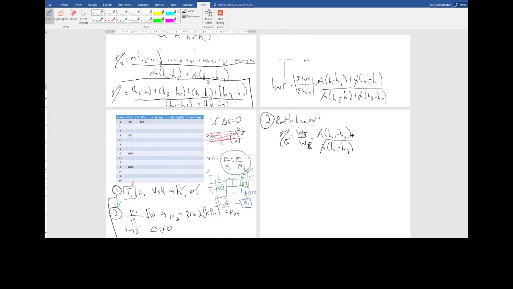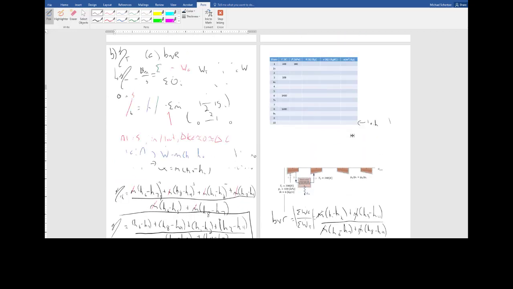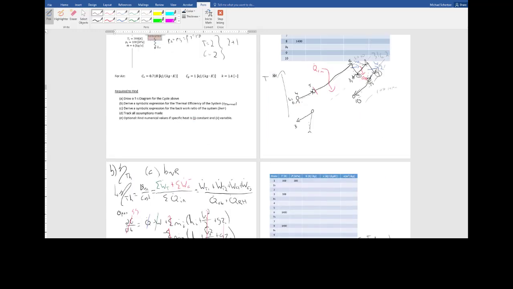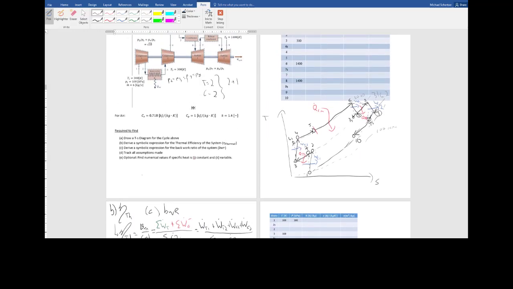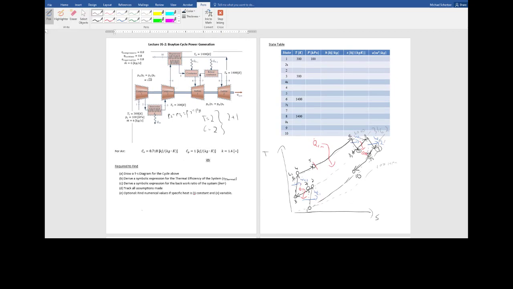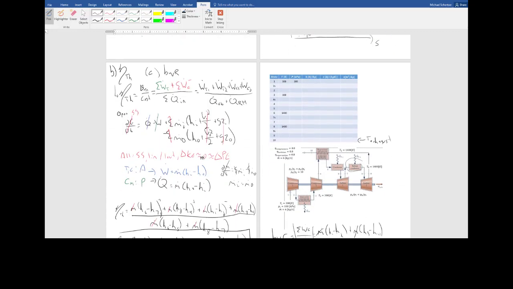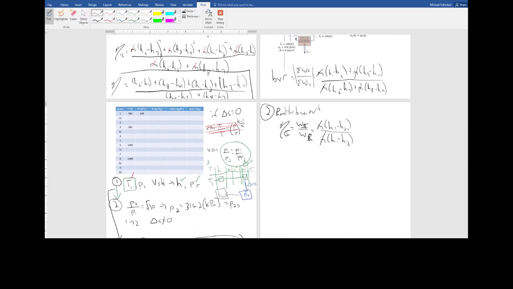And in this problem, they probably told us the isentropic efficiency because they didn't tell us about state 2. Oh yeah, here they said that the efficiency of the compressors, the turbines, and the regenerator are all 0.8. So in this problem, we know the compressor efficiency.